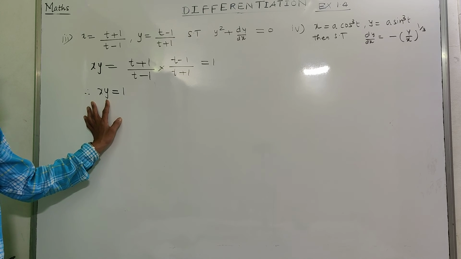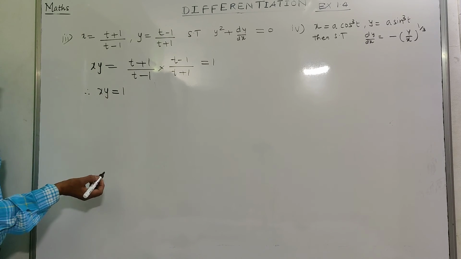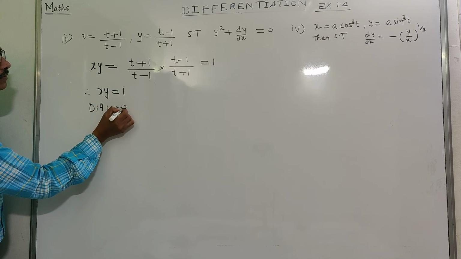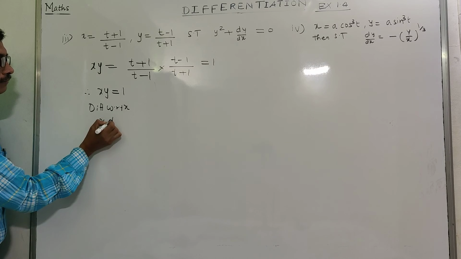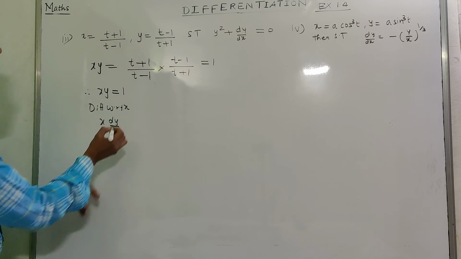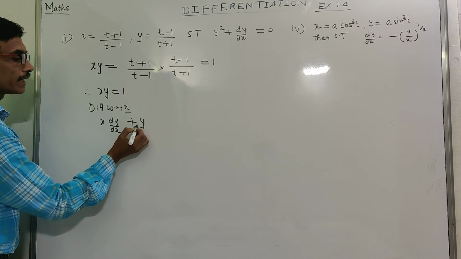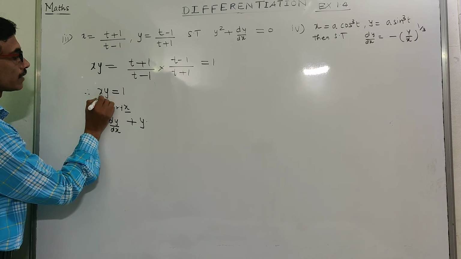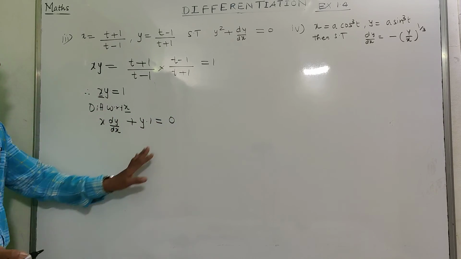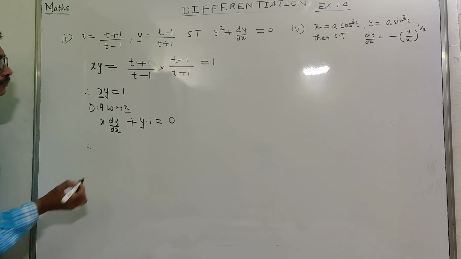Now using the product rule, u into derivative of v plus v into derivative of u, differentiating with respect to x: x into the derivative of y with respect to x, plus y into the derivative of x. The derivative of x is 1, and on the right hand side, 1 has derivative 0.